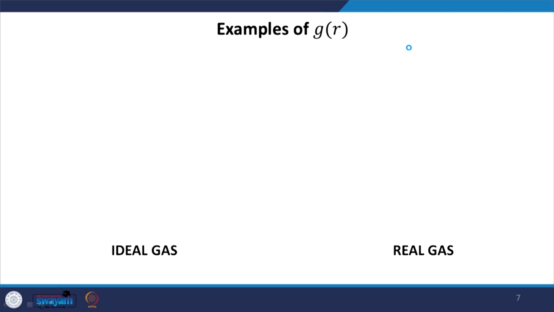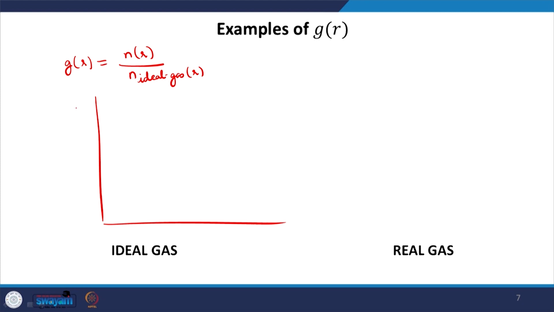So, just to give you some examples of typical radial distribution function. Since g of r by definition is n of r by n ideal gas of r, this is going to be equal to 1 for all r values.